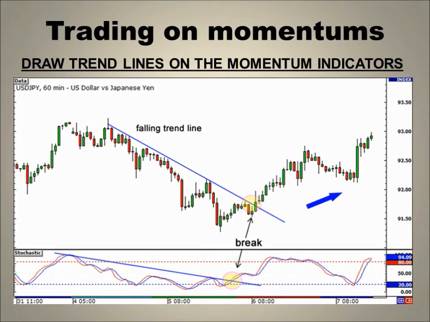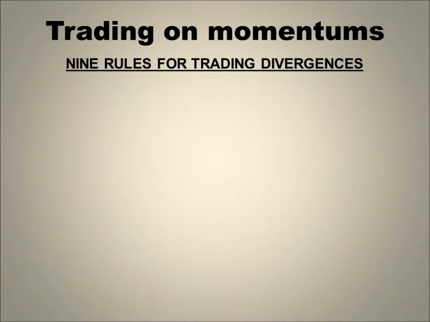Now, look what happens when we have a crossover here and a breach on the trend line up here. Notice how the market is heading upward after that line of resistance has been broken. Right around the same time, we had a crossover near the oversold condition.